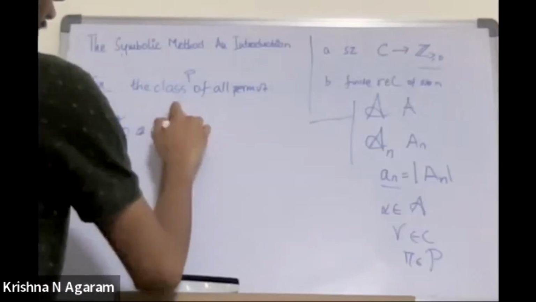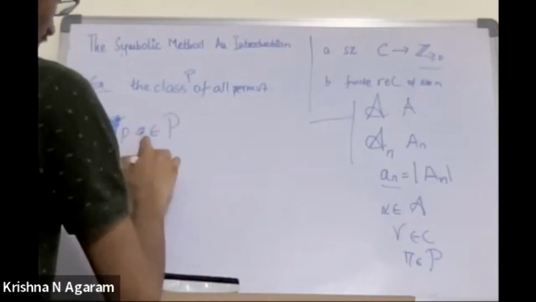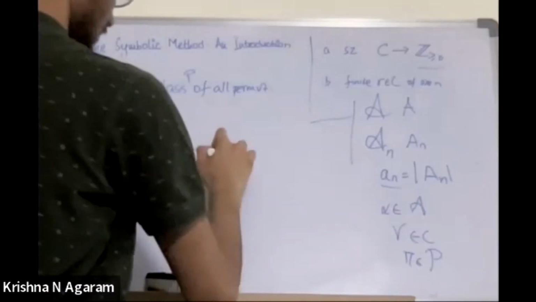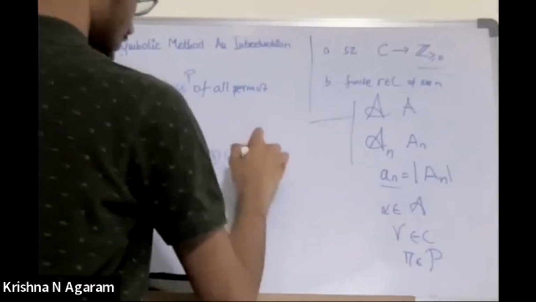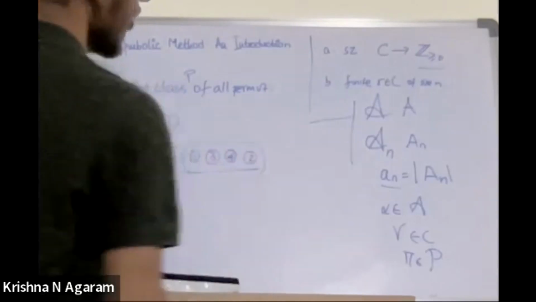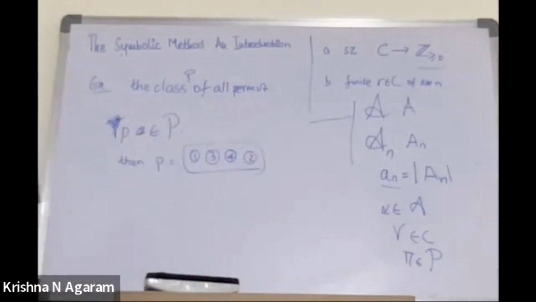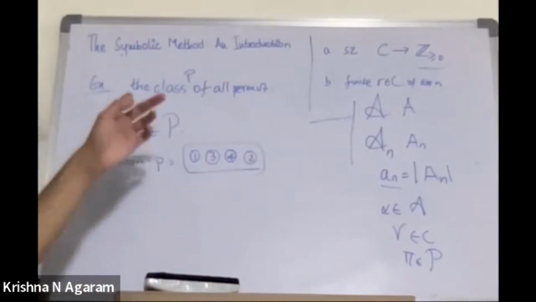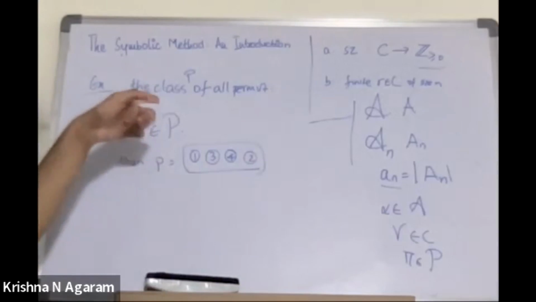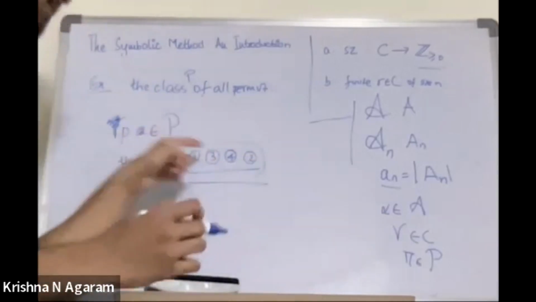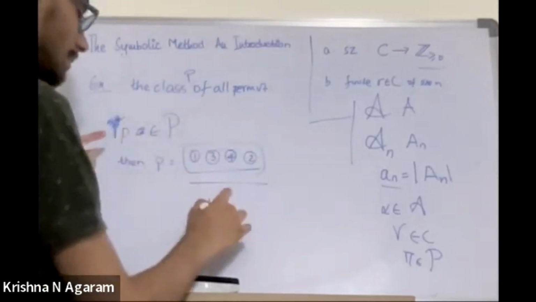So let's say p is in P, then p is something of this form. p is a permutation 1, 3, 4, 2. Okay. This is an object. And what do you think the size function is for an element? P is the set of all permutations, all of these kinds of things. They don't have to be only 4 elements long.